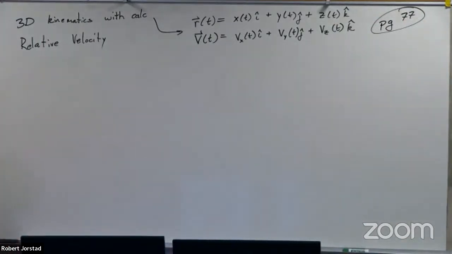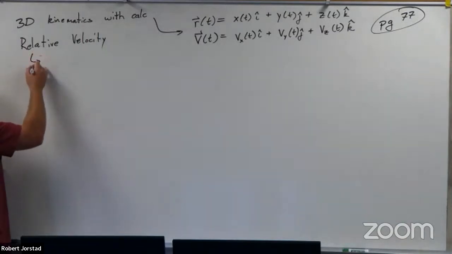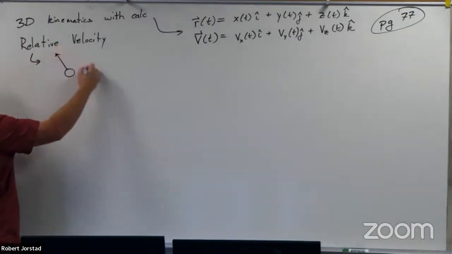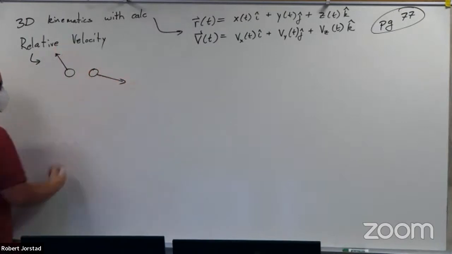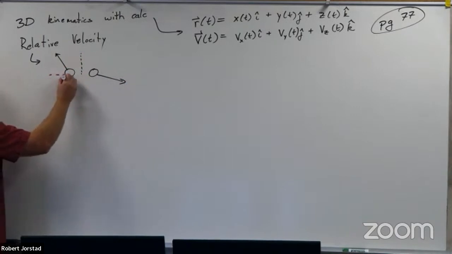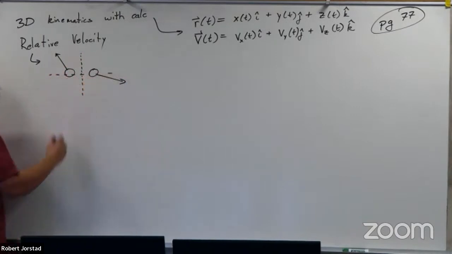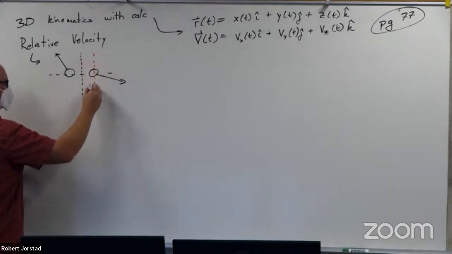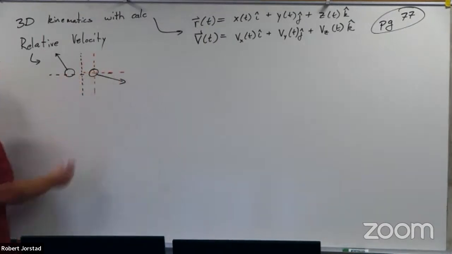All right. Relative velocity, we'll talk about this at the end if we have time. But essentially, if you have 2 objects with one moving this way and one moving that way, we have a coordinate system like this, you could actually recenter the coordinate system on this one and set this object to rest.